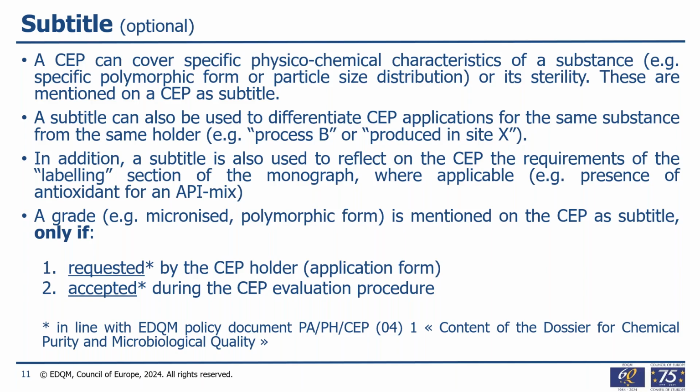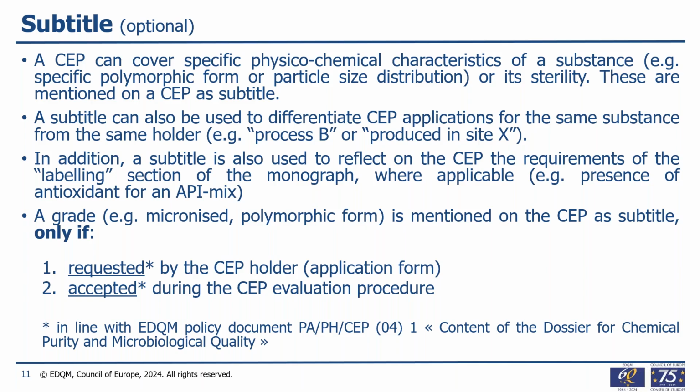The subtitle can also be used to distinguish CEP applications for the same substance from the same holder if they use an alternative manufacturing process, for example, process B, or if the substance is produced at an alternative manufacturing site, for example, site X. In addition, a subtitle is also used to reflect on the CEP the requirements of the labeling section of the monograph, for example, for the presence of antioxidants for the API mixes.